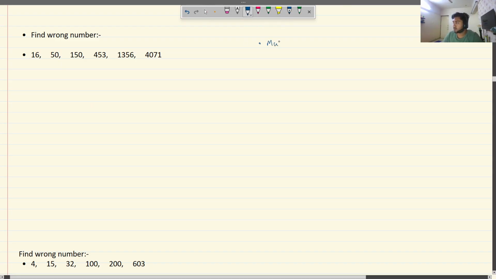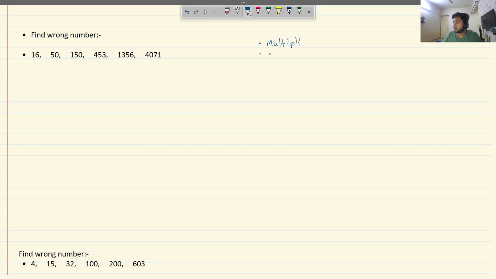So there must be some multiplication or squares or cubes, and it can be in consecutive difference or in number itself. Let's see which route we can take.